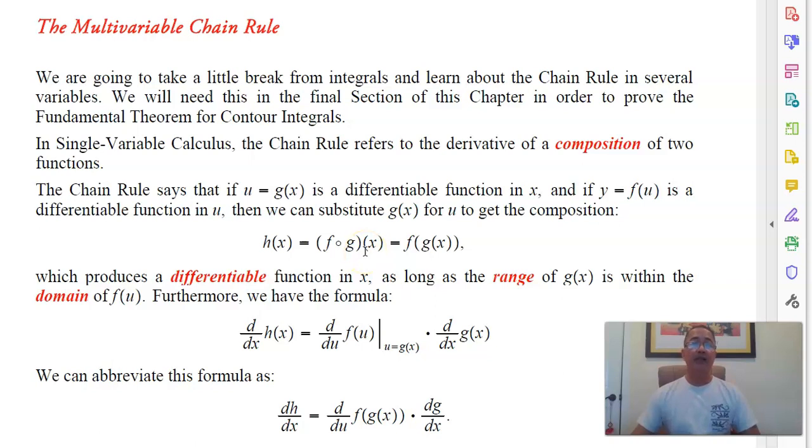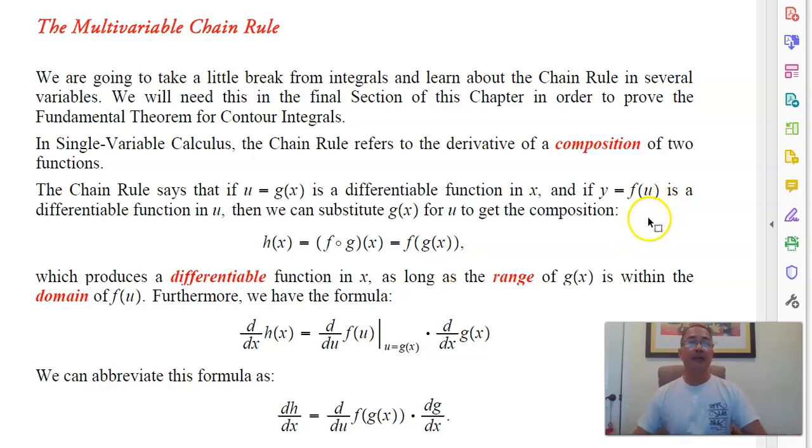And this composition is valid as long as the range of g of x is within the domain of f of u. And that is because we are plugging in g of x into f. So we must make sure that the value of g of x is part of the domain of f of u.